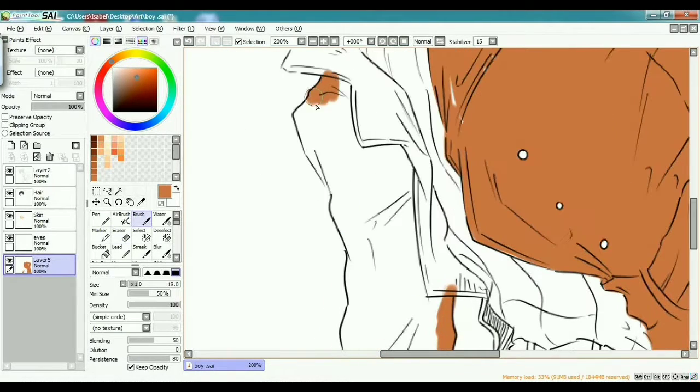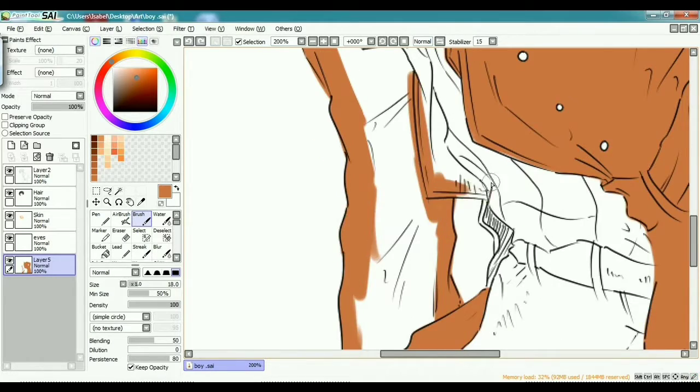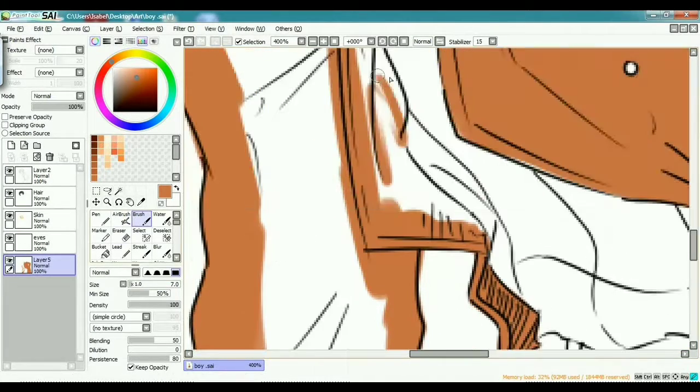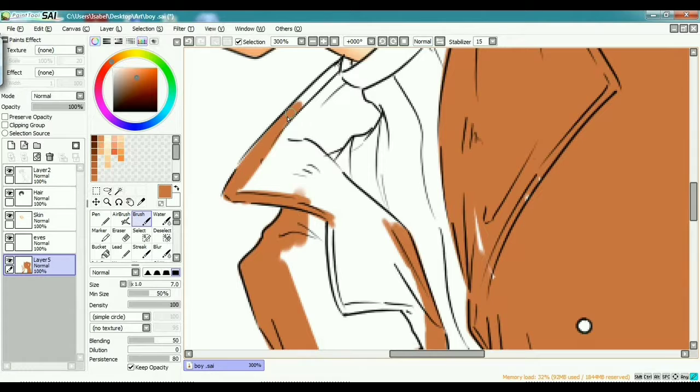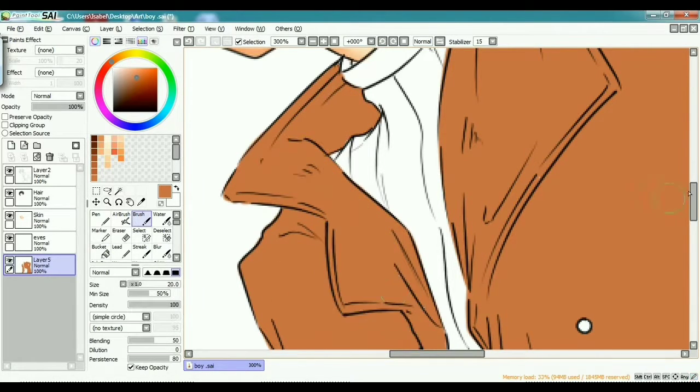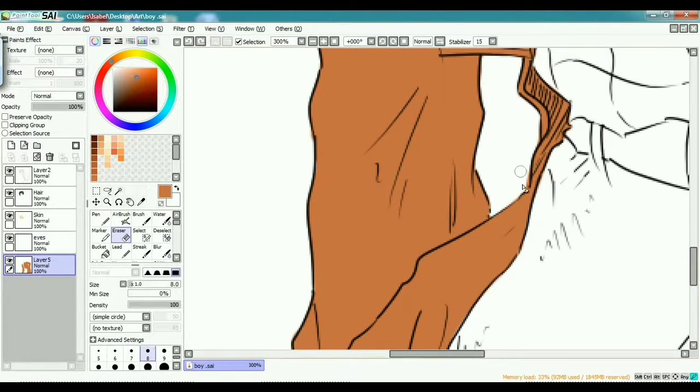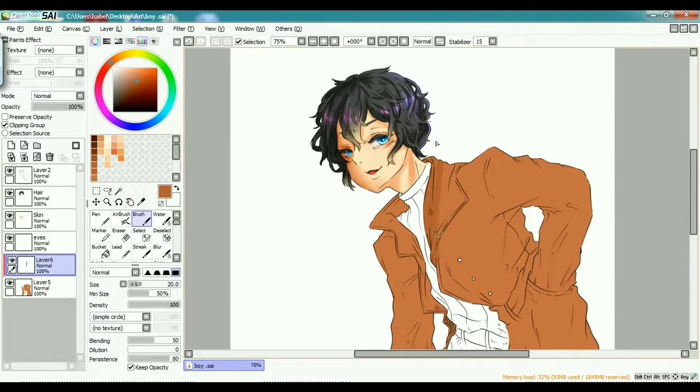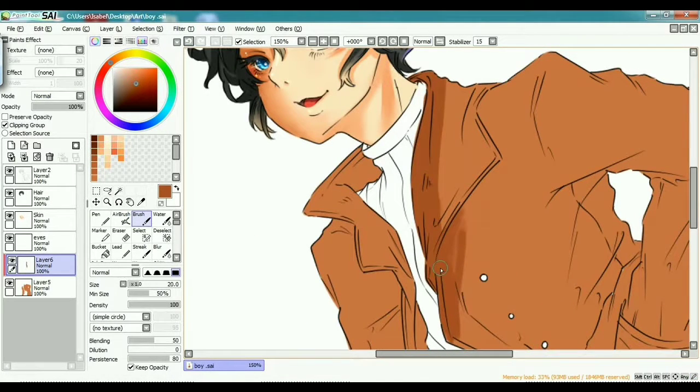However, when I try that with digital, you can just press undo, so I don't have anything to fear. Unless, of course, my painting doesn't save, which hasn't happened to me yet, but I'm sure it will.